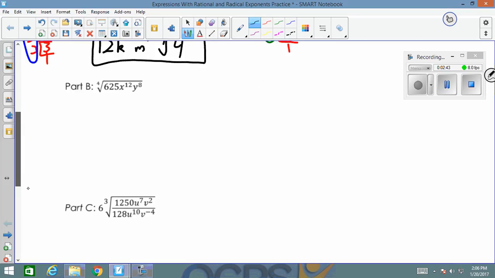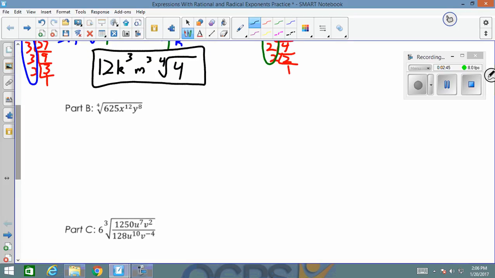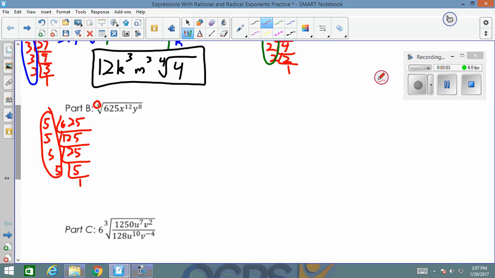Alright, let's do the next one. Okay, we're going to do the 625. Break that down first. The only number that goes with that is 5. 5, 5, 5, and 5. We're looking for groups of 4. 1, 2, 3, 4. So that 5 is going to come out, so nothing left inside.